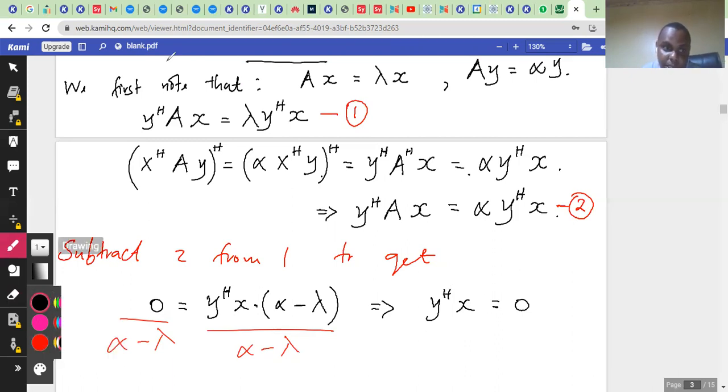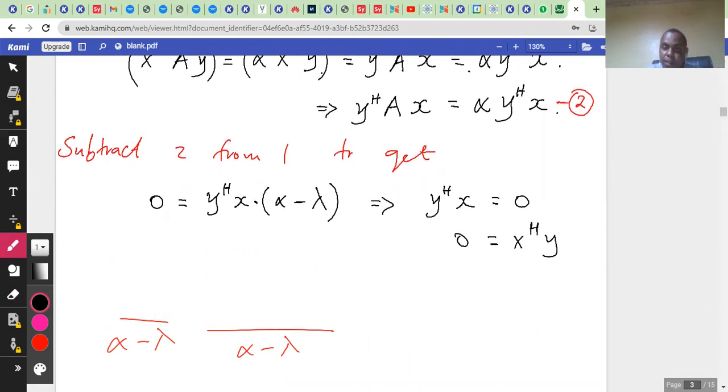If you take a Hermitian, you get that, which is equal to XH Y. And so we have shown that the eigenvectors associated with those distinct eigenvalues, their product is 0, and so they are going to be orthogonal.